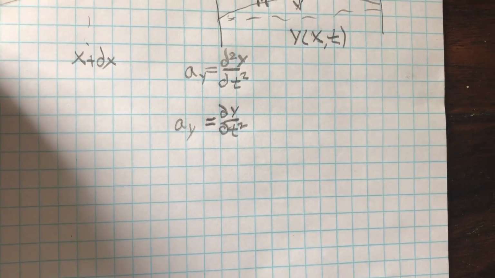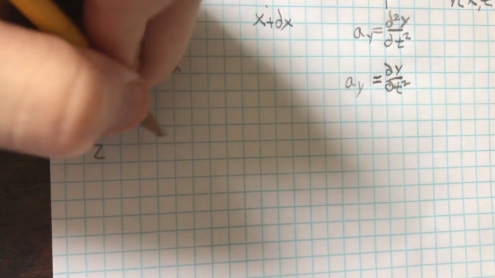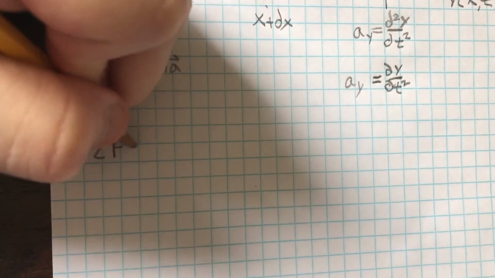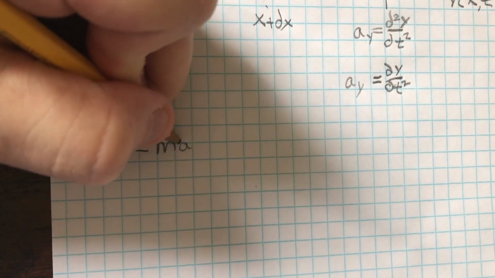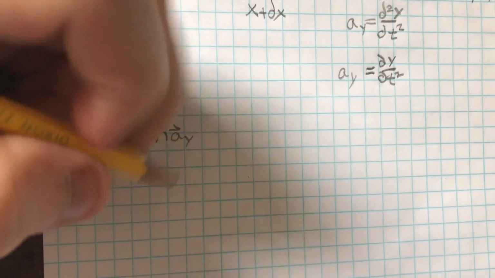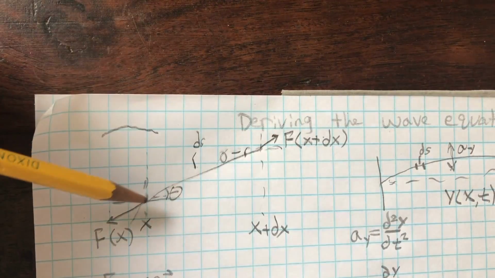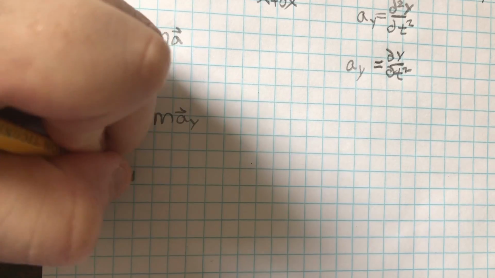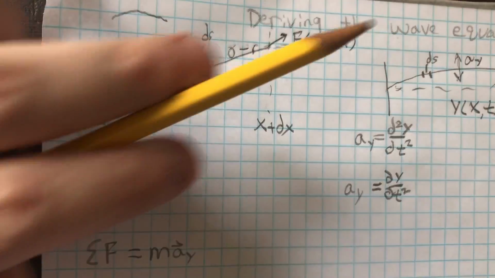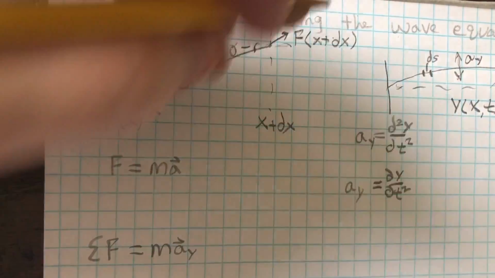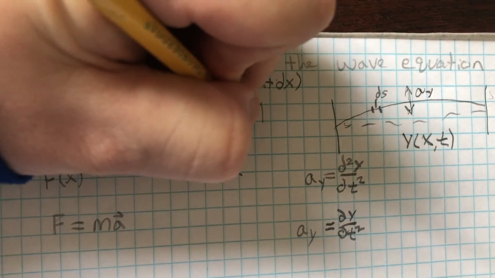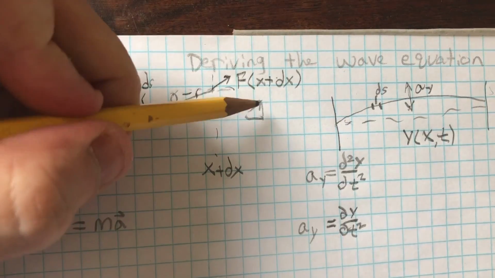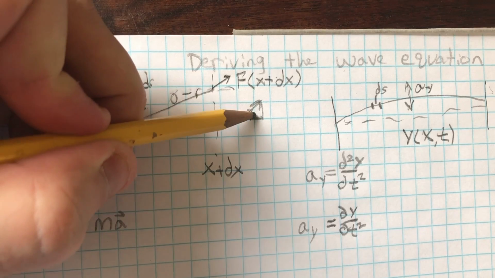So it's really the sum of forces is equal to ma, but the sum of forces, as we know from our diagram, is this minus this. And since they're not in line, there's this triangle that's created, and there's this angle phi.